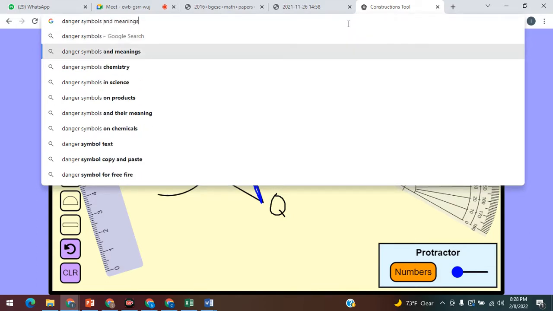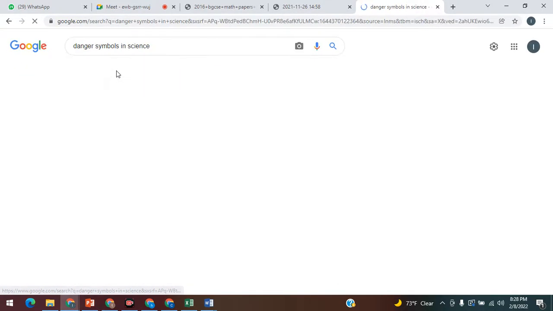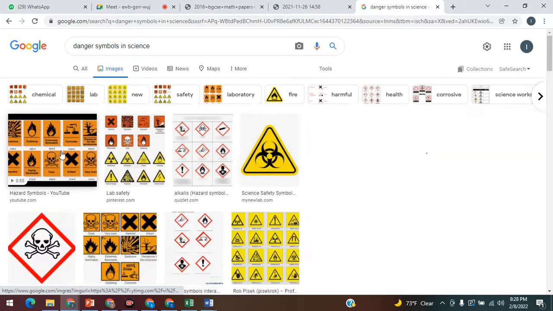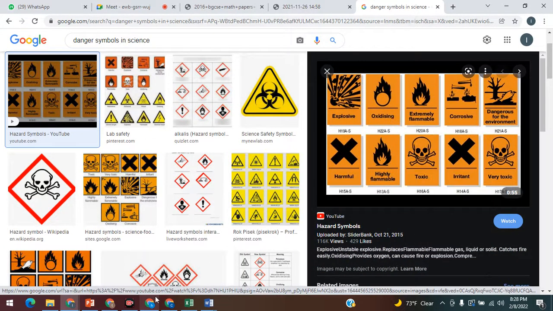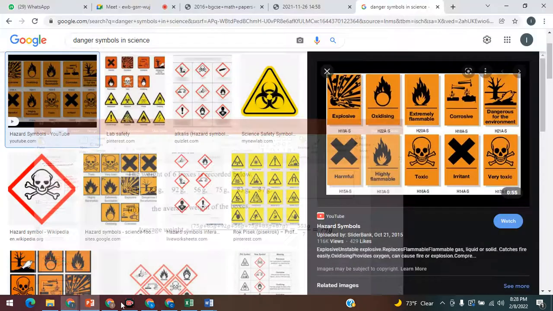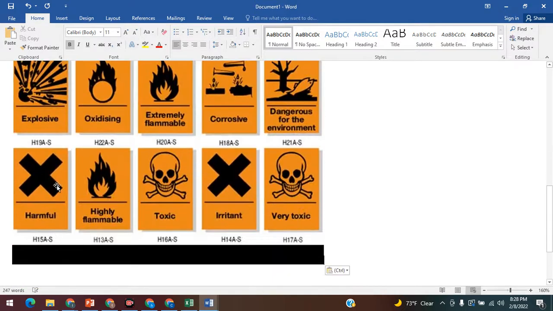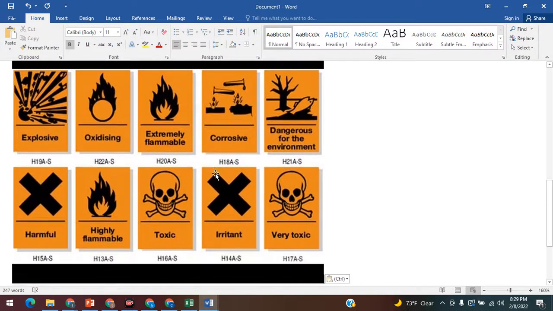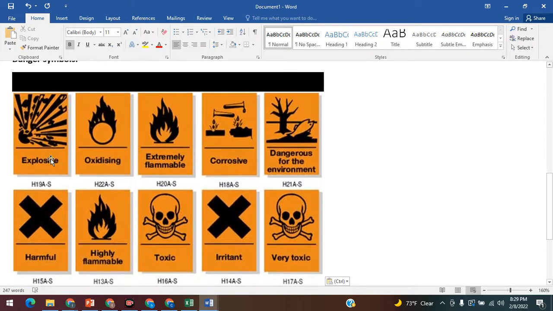Okay, let's do it in science. This is a very good one. So these are the different danger symbols. This symbol means that if you see it on something, it's explosive. If you see this on something, it's flammable.